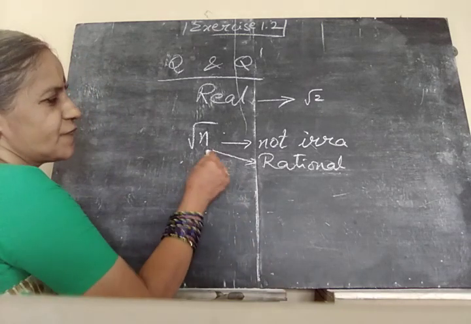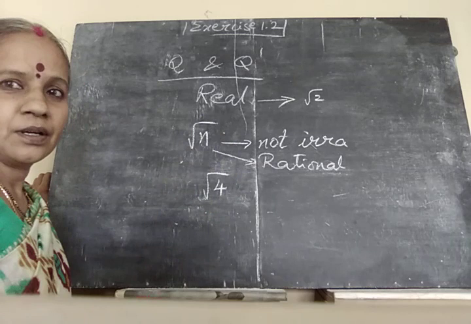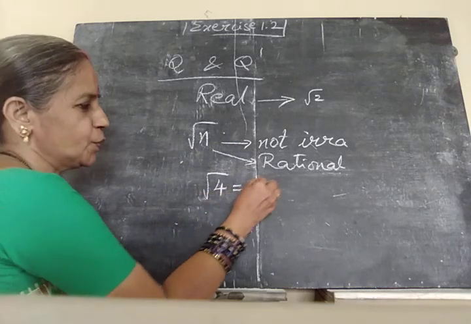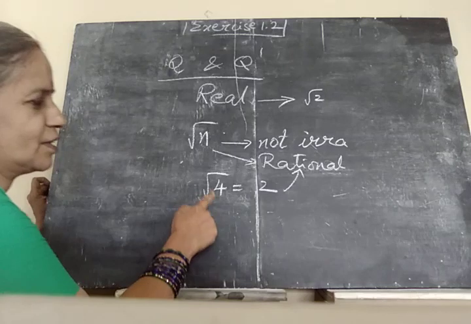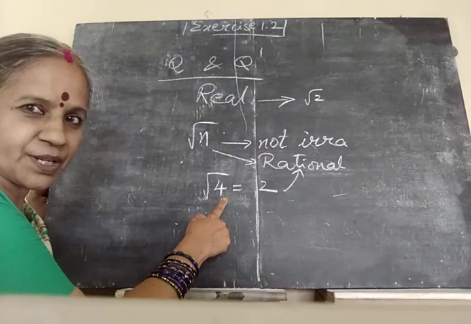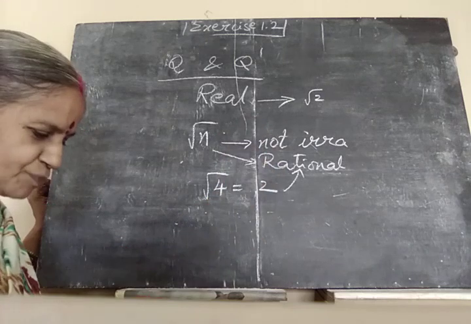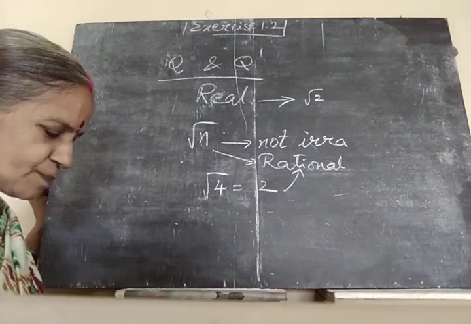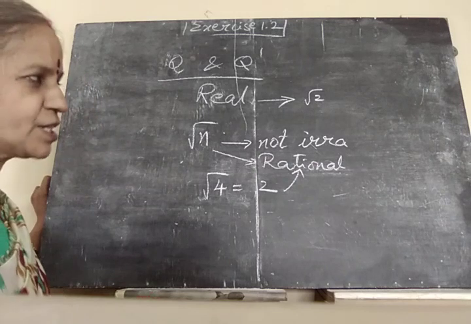Say any perfect square, 4. Okay, root 4 is 2. So it is rational. Yes. Root 4 is a perfect square, so root 4 is 2, a rational number. So what is the statement? Root n is not irrational if n is a perfect square. Yes, true.